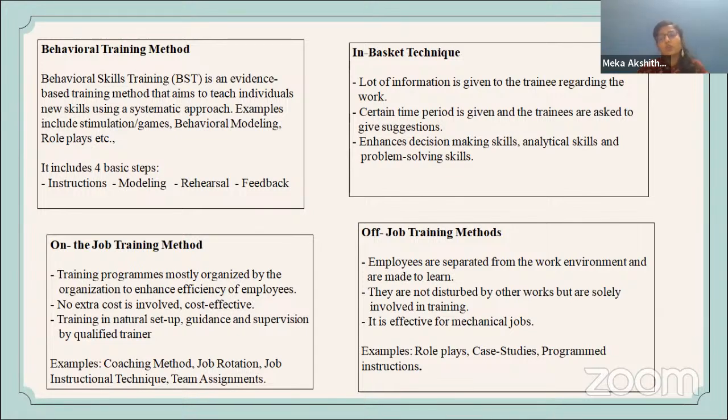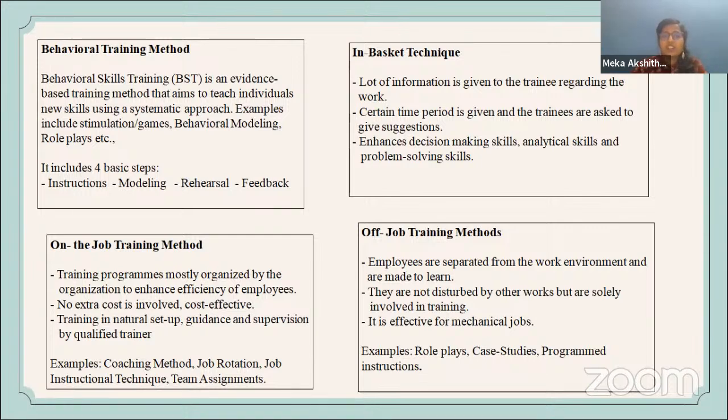Then after you have rehearsed whatever the trainer has shown you, he would give feedback on whether you were effective in doing those techniques or skills, or else if you are ineffective, he or she would give other methods wherein you can be effective. Then again, after giving modeling, he will ask you to rehearse that. Then again, he would give feedback until and unless you become effective in that particular skill.